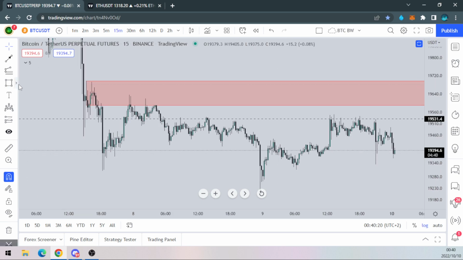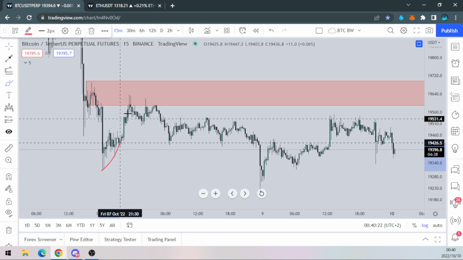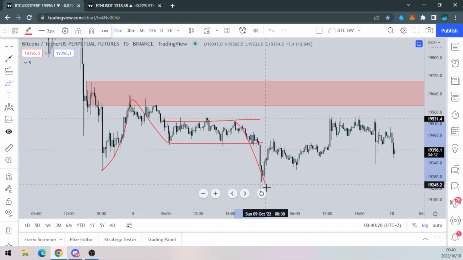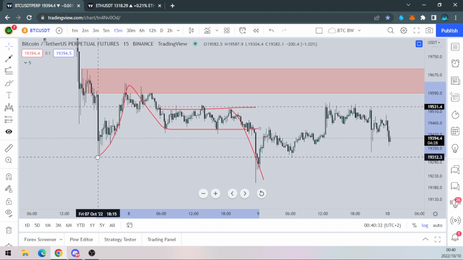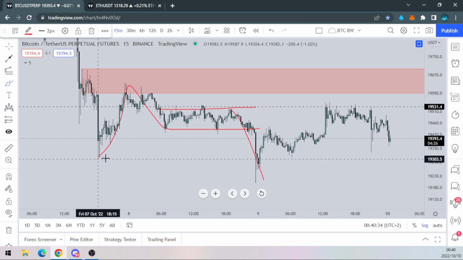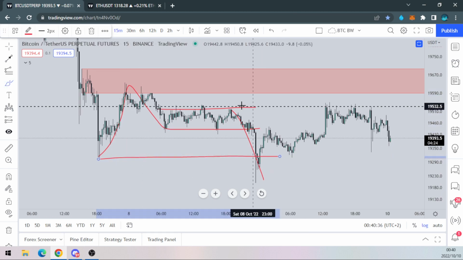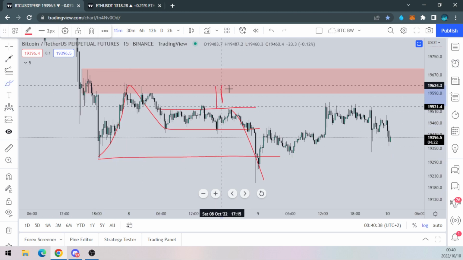Now we had a move up here, and then we had this 3-wave move here, right, to the downside. What that created, we made a lower low here, which means this became our inducement level here.